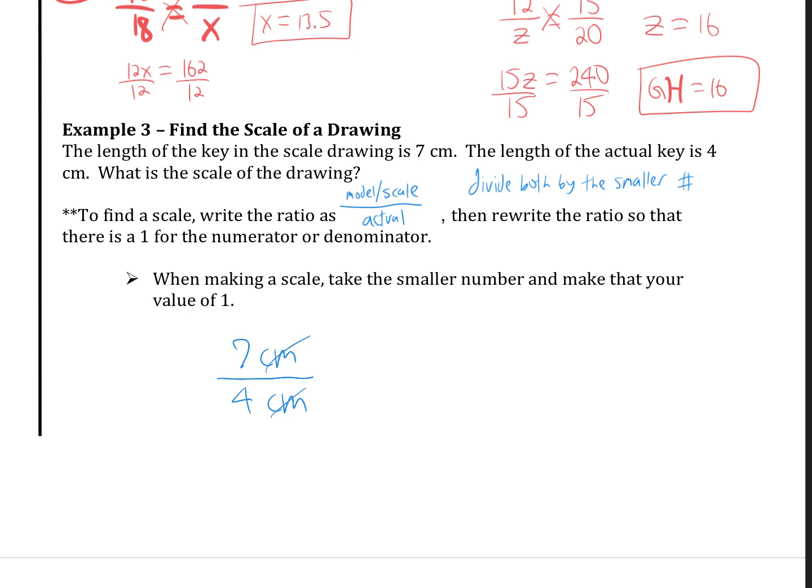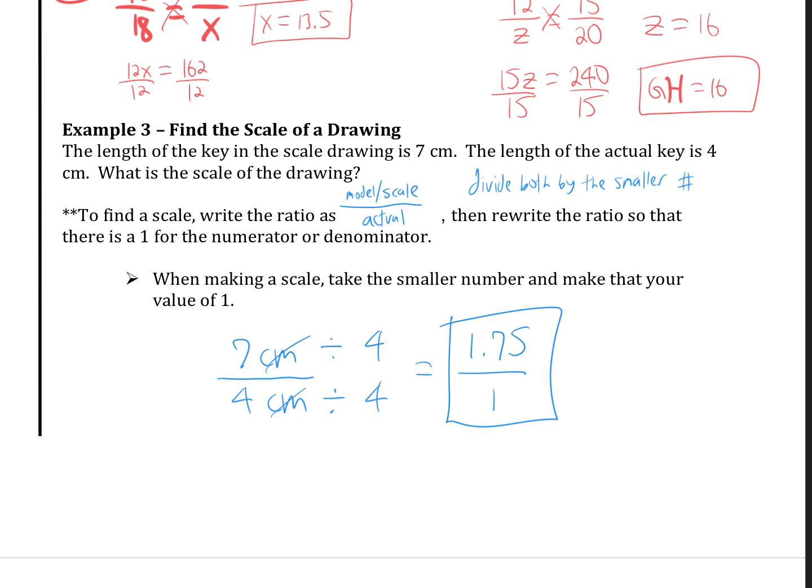Which number is smaller, 7 or 4? 4 is smaller, so we divide top and bottom by 4, and that gives us a something-to-1 ratio. 7 divided by 4 is 1.75, and 4 divided by 4 is 1. So the scale is 1.75 to 1. And that's how you get an actual scale. For scales, you want a 1 in either the top or bottom.